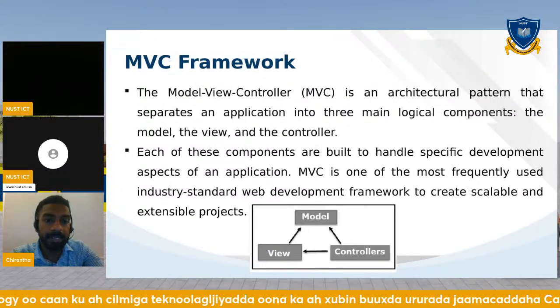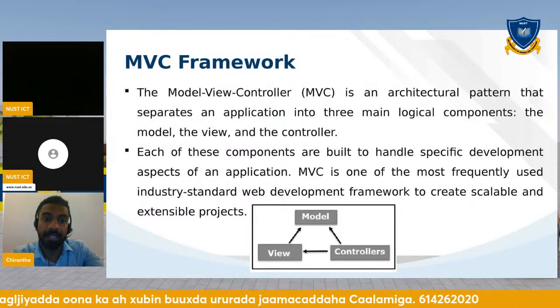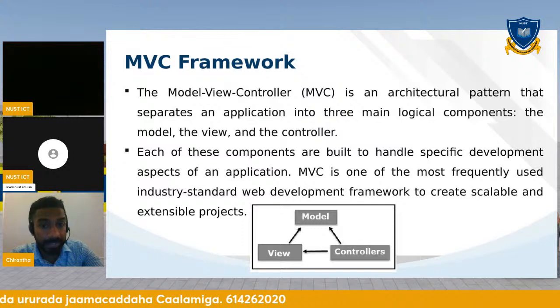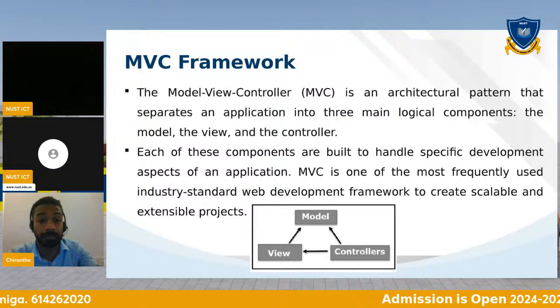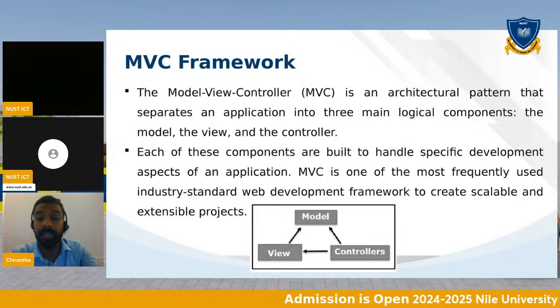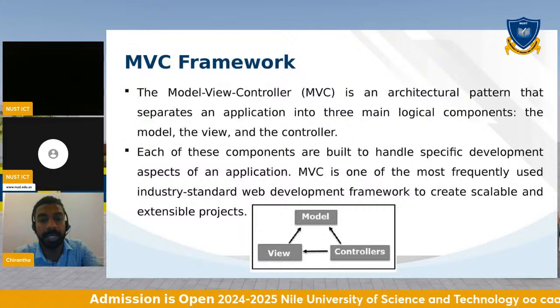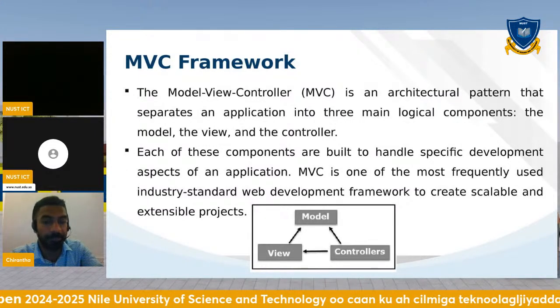So the next one is the MVC framework, the Model View Controller. M stands for the model, V for the view, C for the controller. It is an architectural pattern that separates an application into three main logical components: the model, view, and the controller. Each of these components is built to handle specific development aspects of an application.